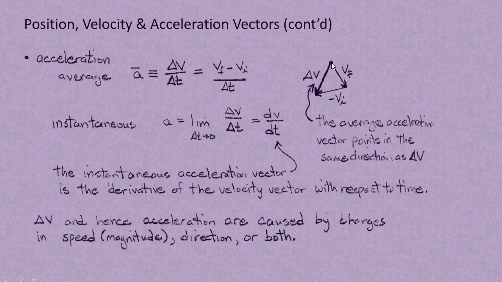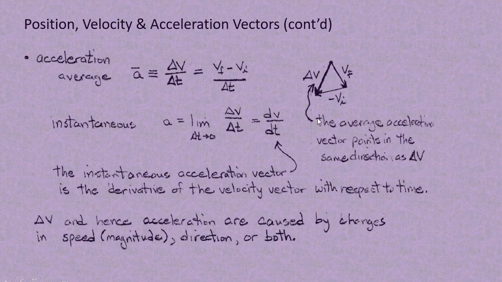So we have the final velocity arrow, but then we subtract from it the initial velocity arrow. That means we have to take the initial velocity arrow and turn it in the other direction. That's how we do our vector subtraction visually. And that leaves us with the delta v vector, the change in velocity vector.